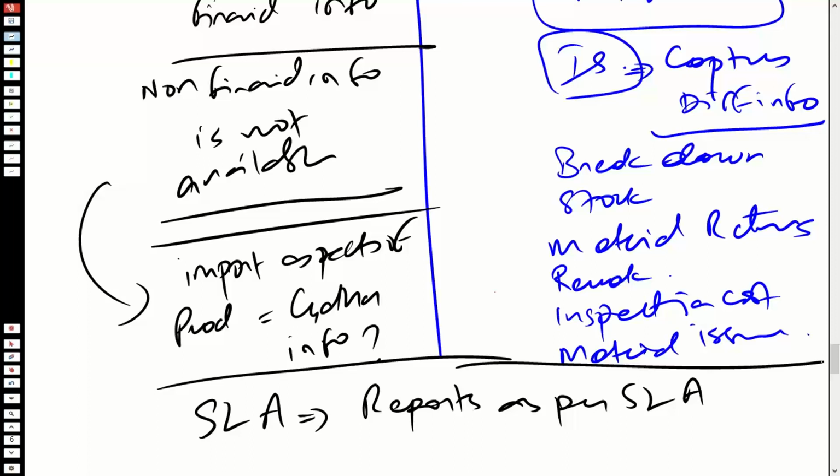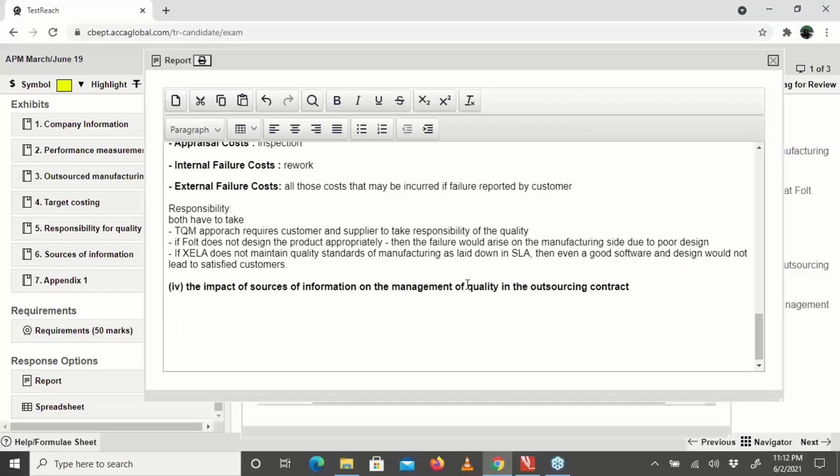So now, what you actually got to do is report here to the examiner that the problem right now in this specific scenario is that Zela does not have a system. There is information which is required to monitor SLA.